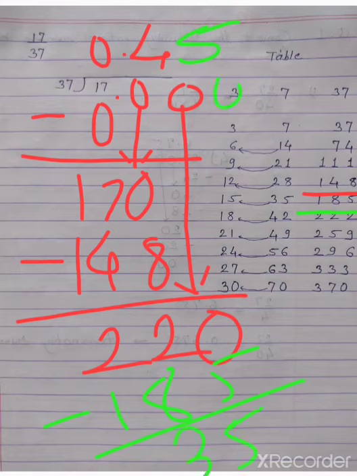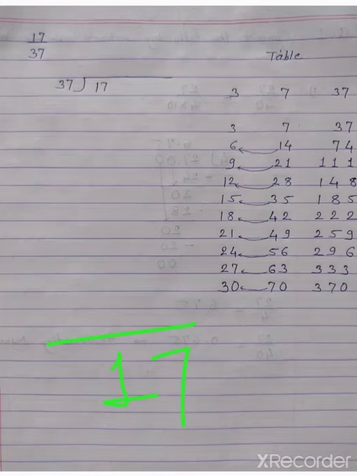So again take one more 0 and convert it into 350. So again from this table 333 can be subtracted. So 37 9s are 333. So after subtraction we will again get remainder equal to 17.